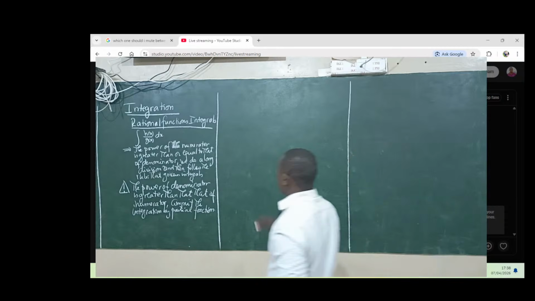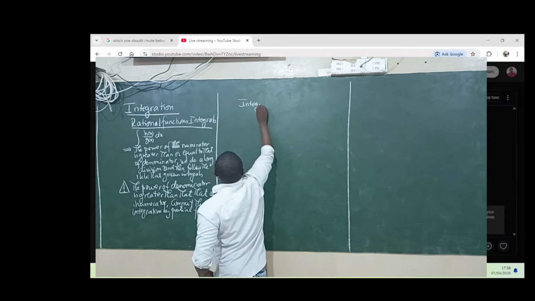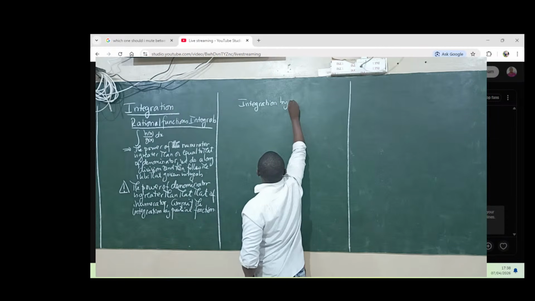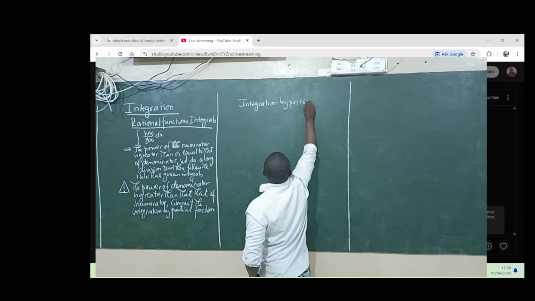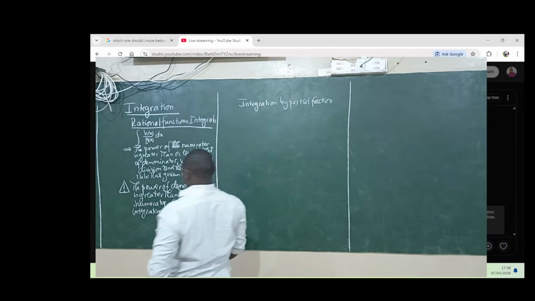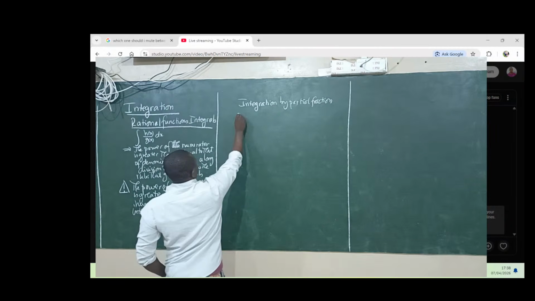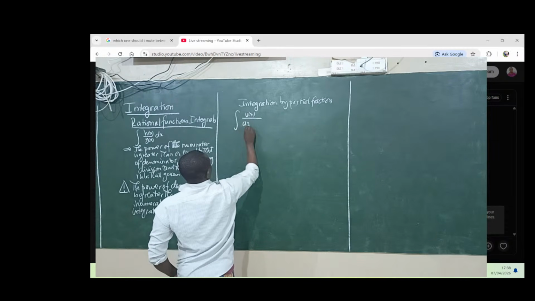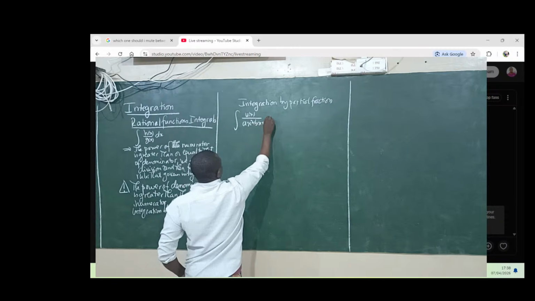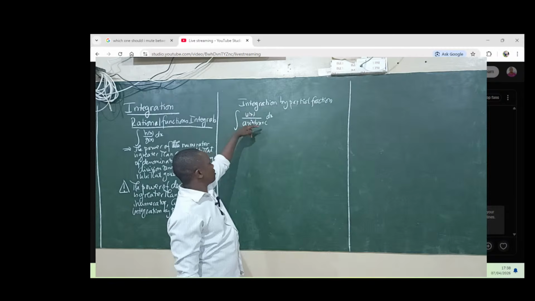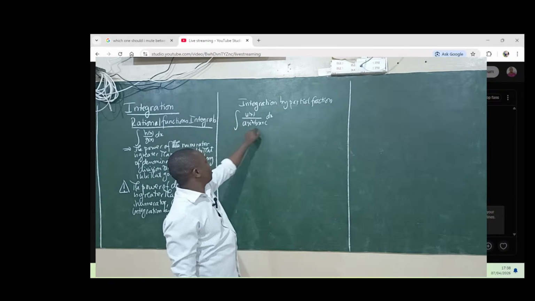So, integration by partial fraction. The integral of the case u of x by ax squared plus bx plus c dx. But the power of this u of x is less than the power of this denominator.